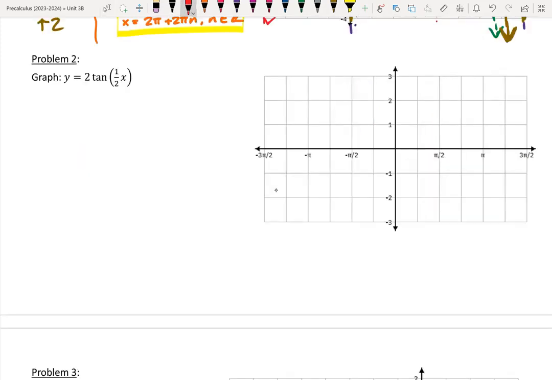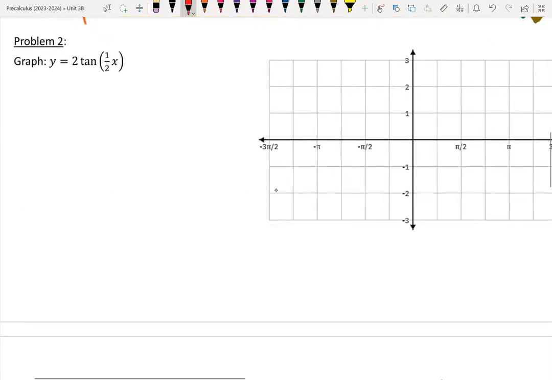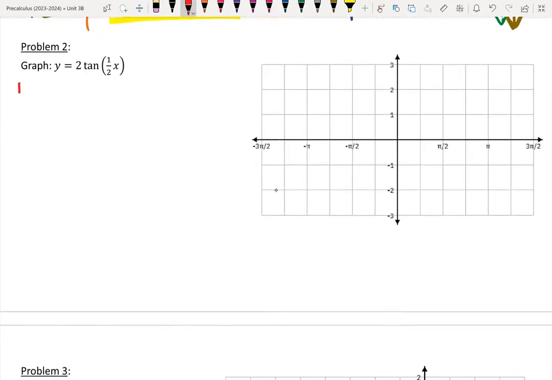Okay. Let's go ahead and go through this one. Sophia S., what would I do first? And what would we do for our horizontal dilation? And what is this finding for us?